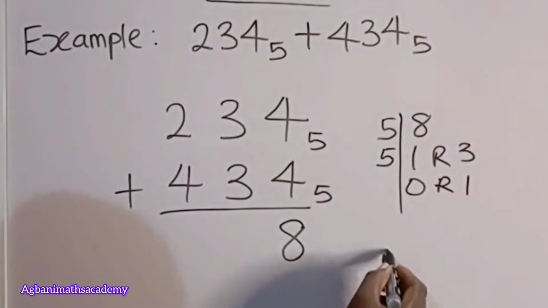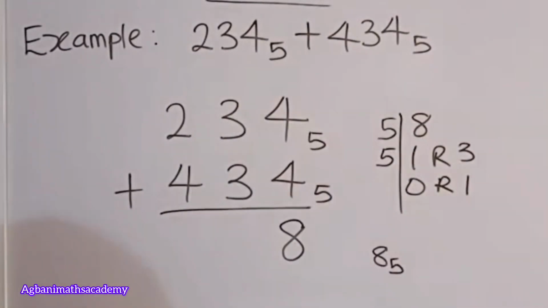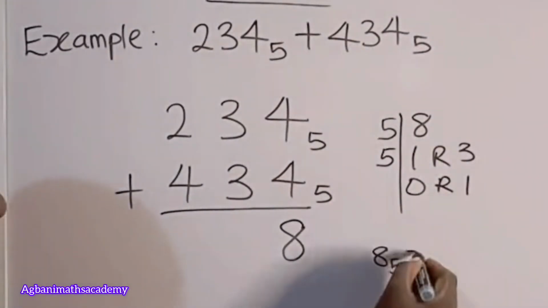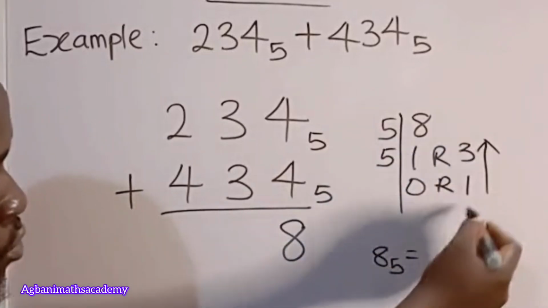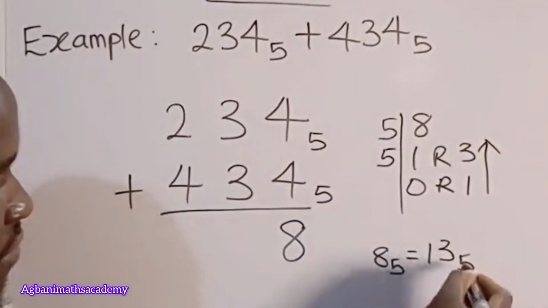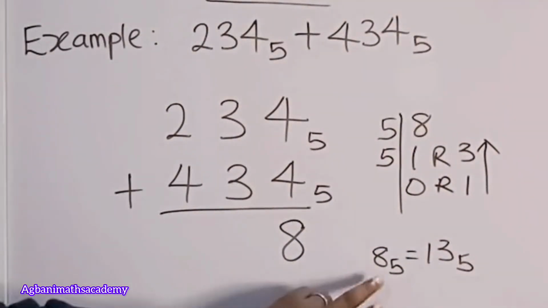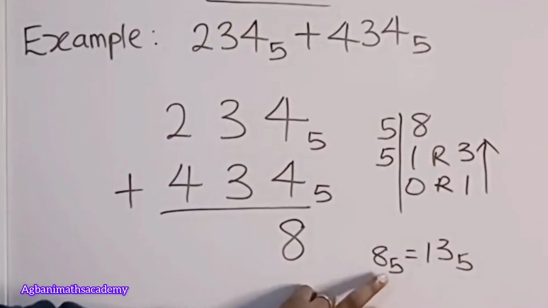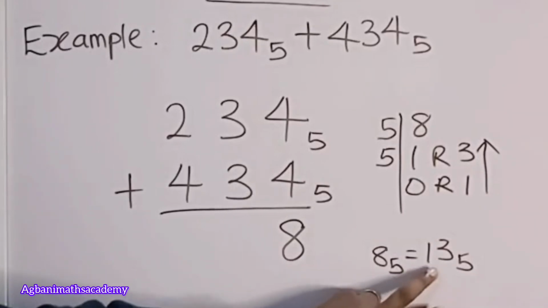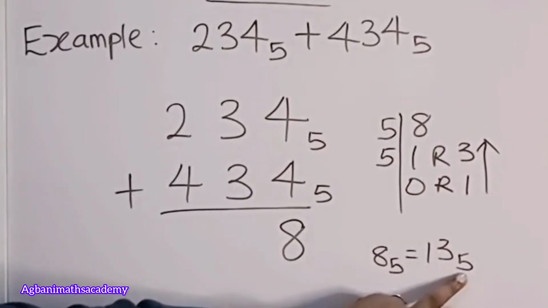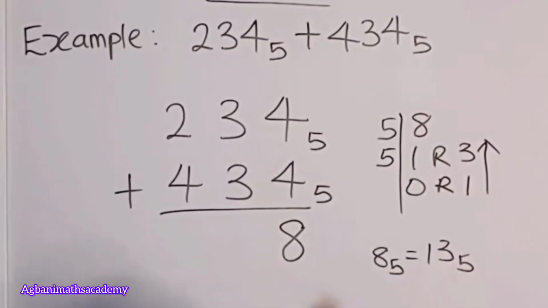So 8 base 10 can be accurately written as, so write the number from bottom to top, 13 base 5. Okay, so instead of having 8, which is not supposed to be because 8 is bigger than 5, we are now going to have 13 base 5. If you look at 1 and 3, they are numbers less than 5. So we can write that.